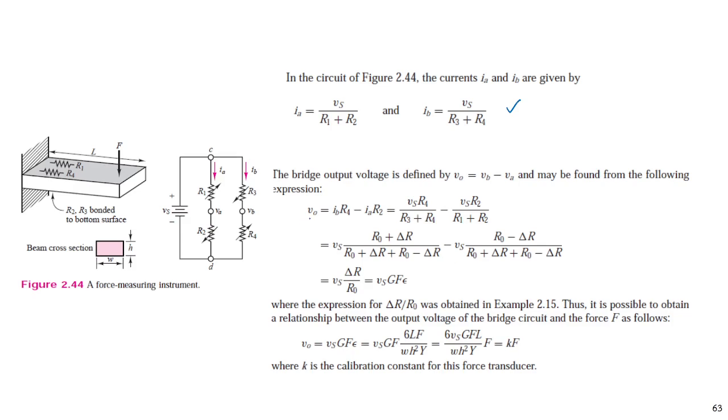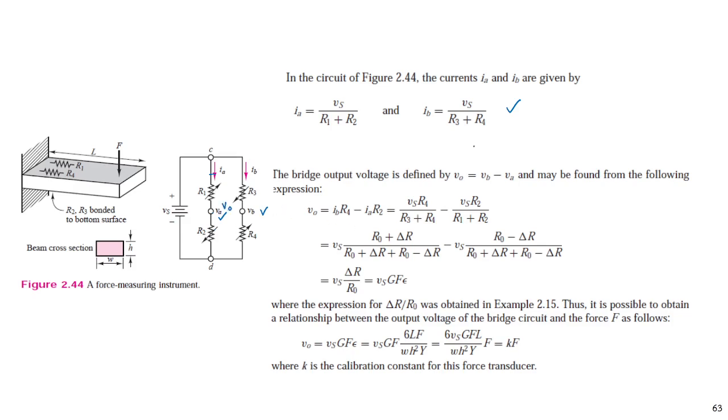And VA is this voltage, right? VB minus IA R2. Sorry, it should be VO here.